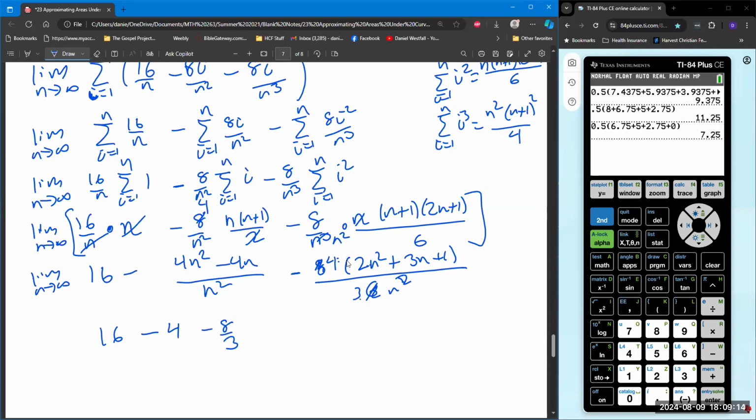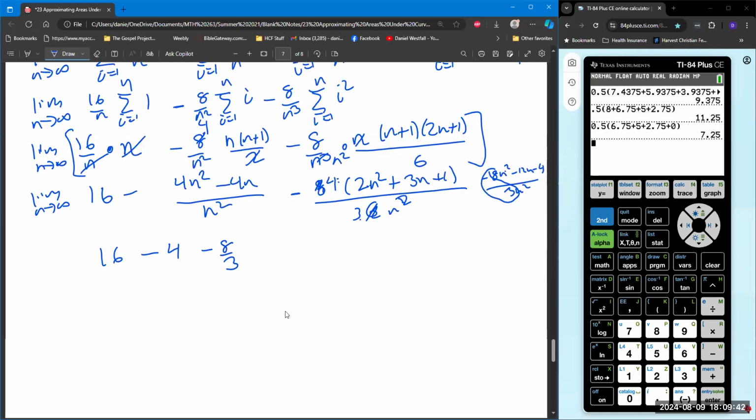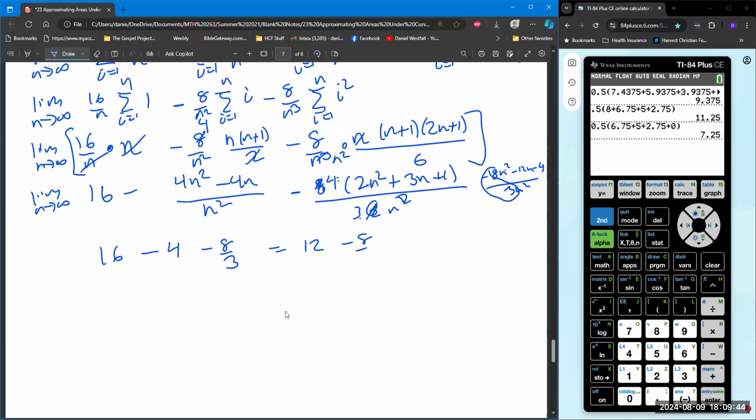Once I find the horizontal asymptote, because this function is going to be a minus 4 times 2 is minus 8n squared minus 12n minus 4 over this is going to be a 3n squared. And I only care about the ratio of the leading coefficients because the degree of the top and the bottom are the same. So let's get that to be 12 minus 8/3.